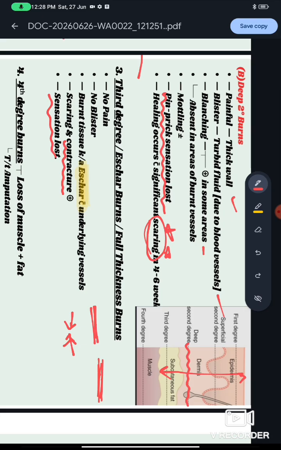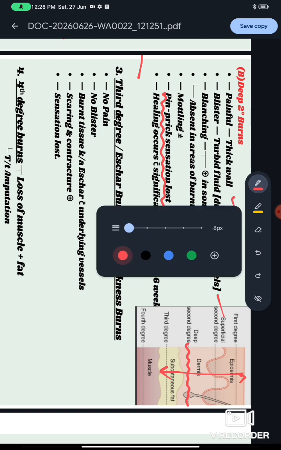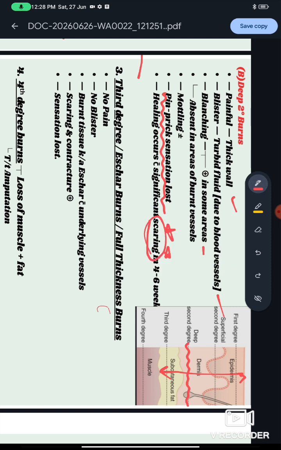Now, full thickness burns are treated by a procedure known as escharotomy. What happens is that the eschar is incised surgically without any local anesthesia.